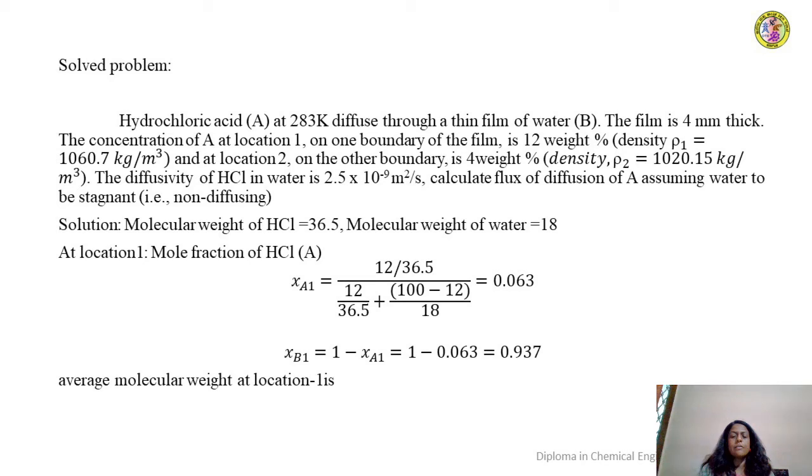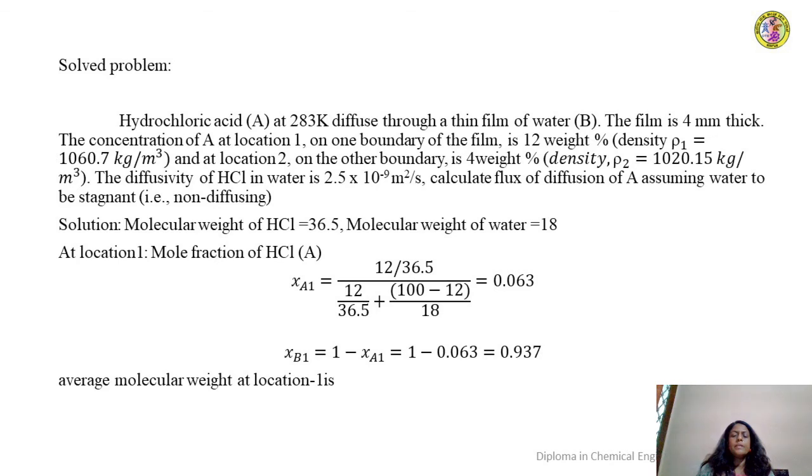or directly we can calculate the mole fraction of the component A, that is HCl, at location 1. So XA1 is equal to, we have the weight percent, so that weight percent divided by molecular weight of that component will give you the mole percent. In the same way, in the denominator, 12 represents the weight of HCl if you're starting with a 100 kg solution.